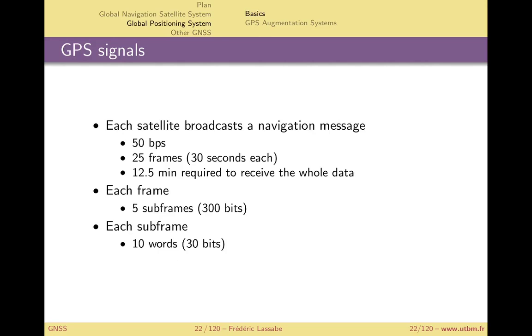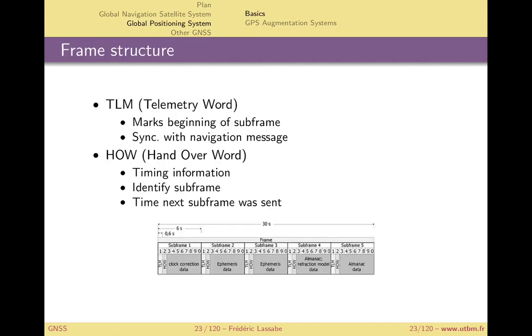perform a cold start. Each frame is composed of 5 subframes, which have 300 bits, and each subframe of 10 words of 30 bits. So the frame structure starts with a TLM, telemetry word. It marks the beginning of the subframe and allows you to synchronize with the navigation message.